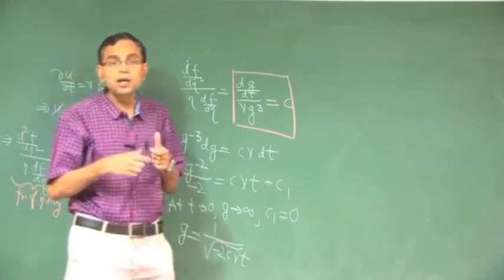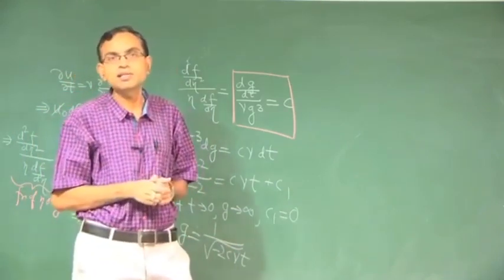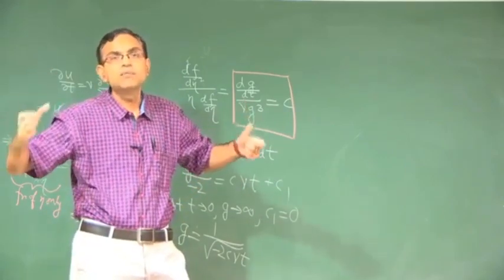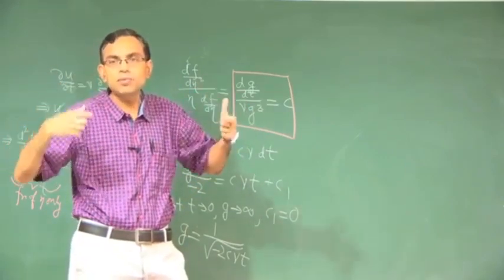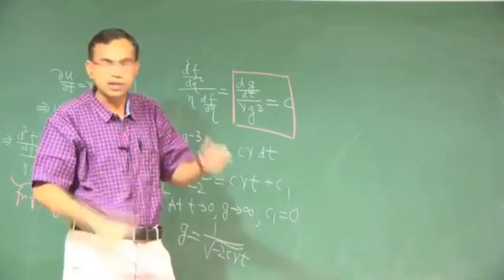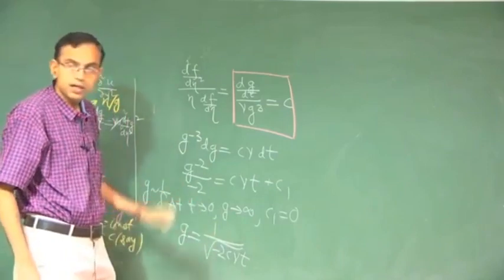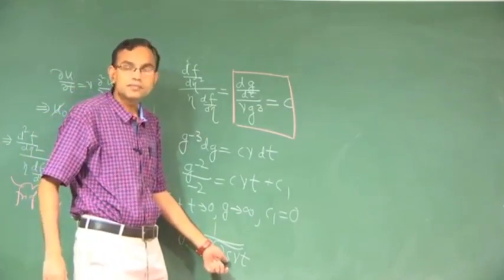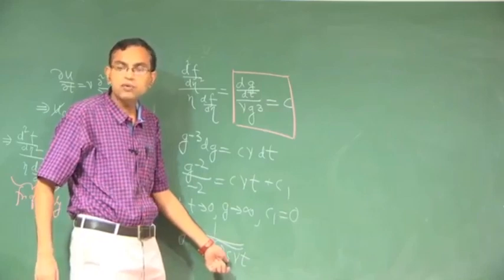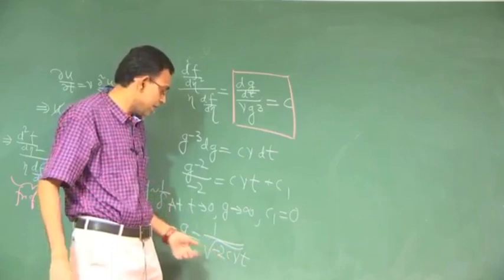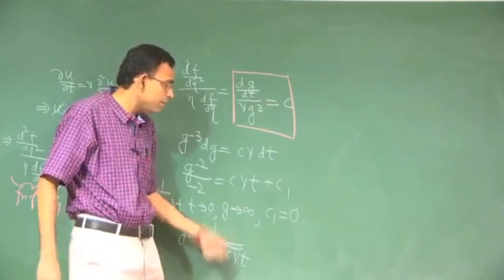This is the power of order of magnitude scaling analysis: whatever could be recovered from very involved, elaborate mathematics, the same thing could be recovered from pure intuitive physical arguments. Now, what are the possible values of C? C could have a value of anything, but it has to be negative, because g has to be real. So, C must be negative.